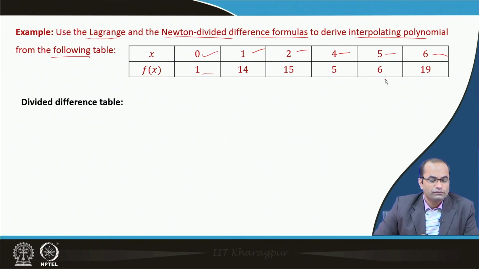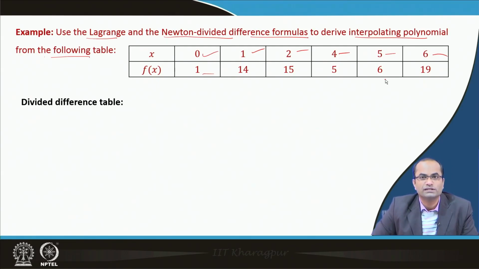In this case we will go first with Newton's divided difference formula, and we will realize that when we have this much data, it is much easier to derive the interpolating polynomial.